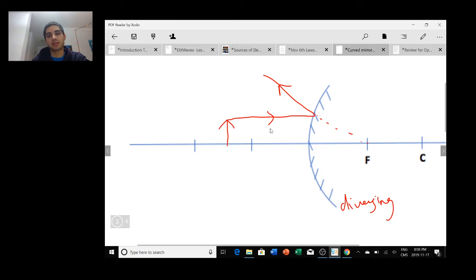So we don't technically need to draw this before, we just know that it's going to emerge that way. And then the second rule, we can say we aim it at the focus. So I'm going to try and aim this as best I can without a ruler. And that's going to emerge parallel to the principal axis. So that's our second rule.